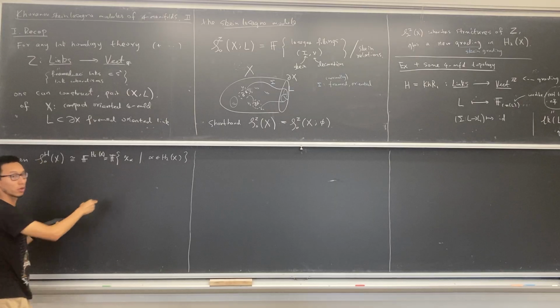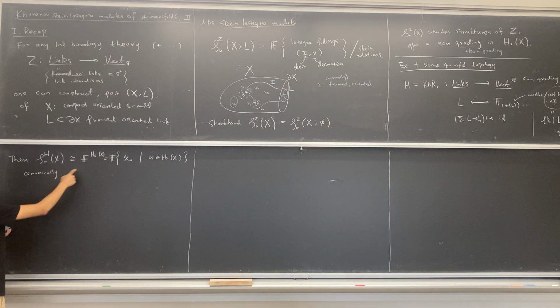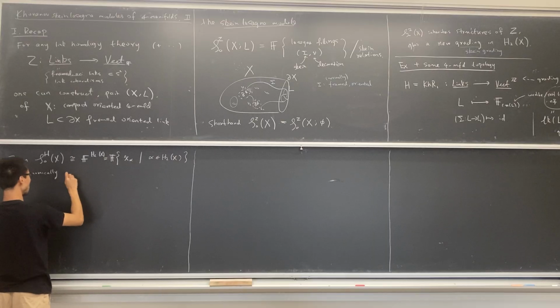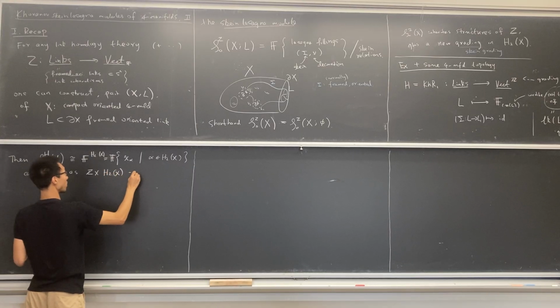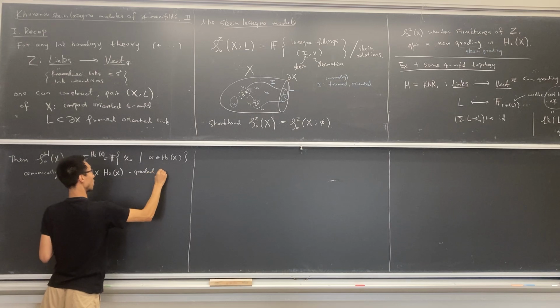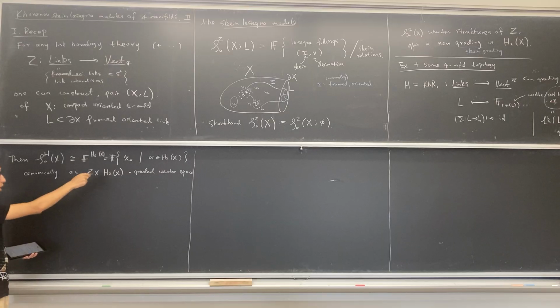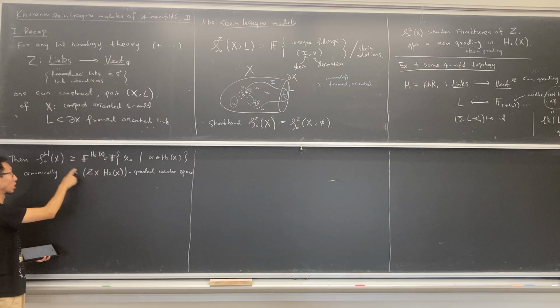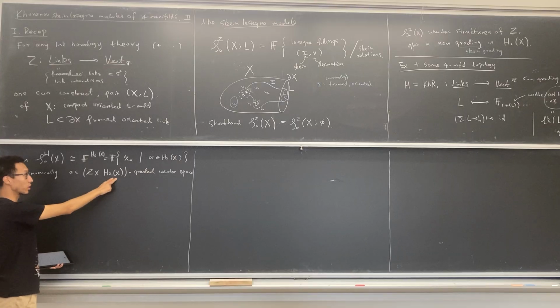I take the span of all such generators. And the claim is that I get a canonical identification like this as Z times H2(X) graded vector spaces. But I have to tell you what is the grading on the right-hand side. The left-hand side has a Z grading inherited from my functor H, and an H2 grading, namely the skein grading.